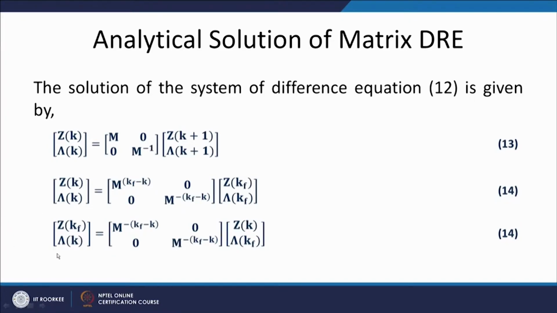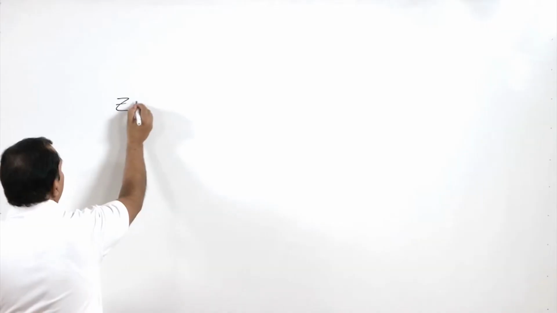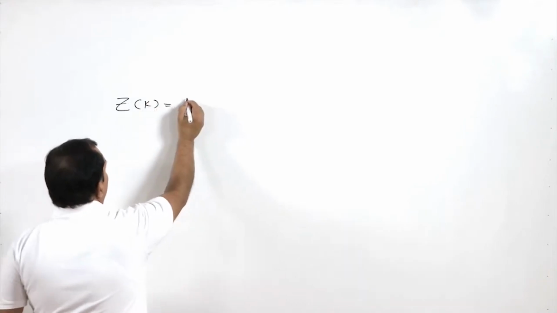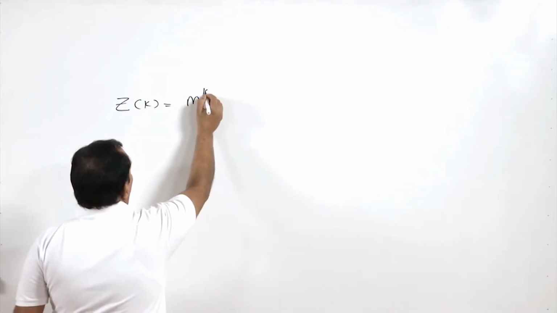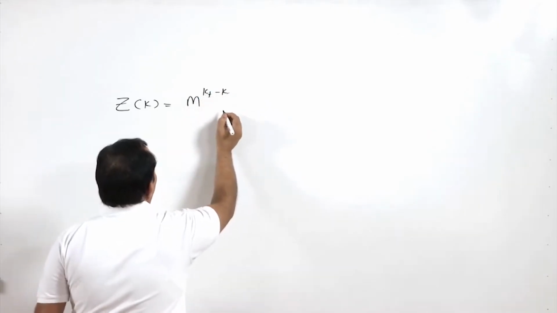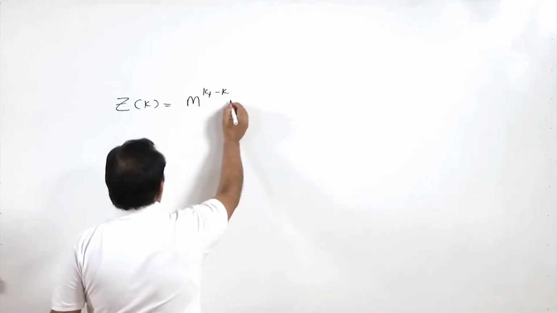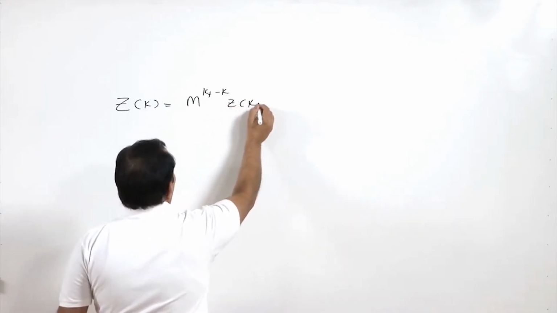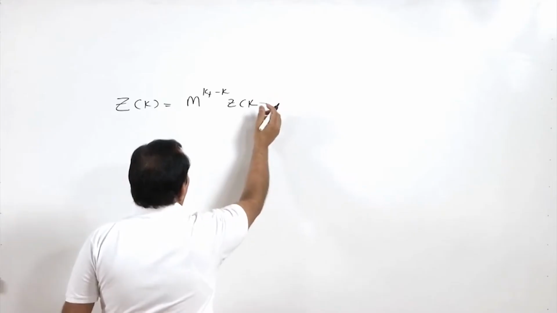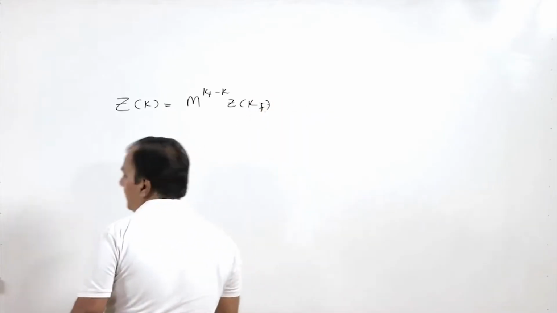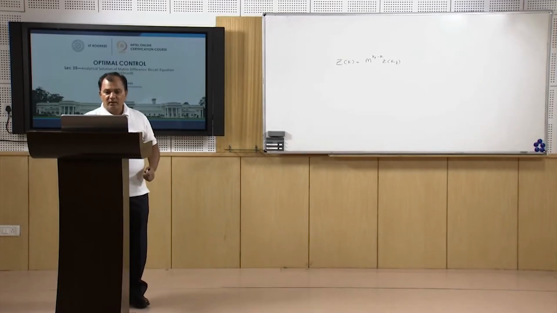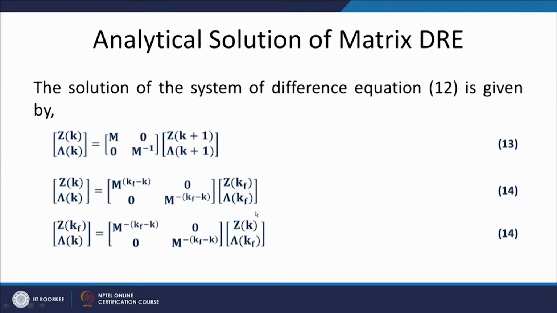So, this I am writing in terms of the z(kf), del(kf) simply by changing the system matrix, which is given here. We are saying z(k) equals m to the power (kf minus k) z(k), which we are getting, and this term will be 0.